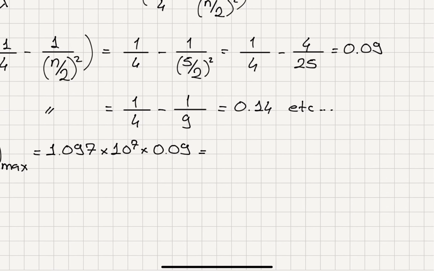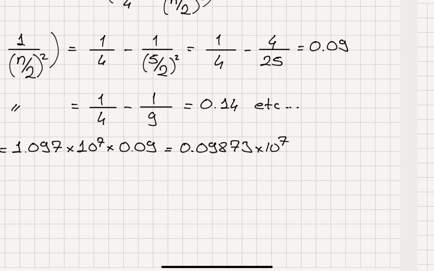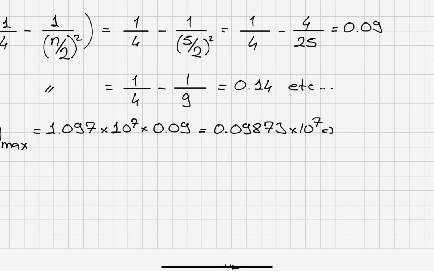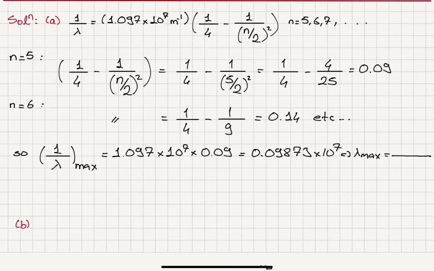This turns out to be 0.09873 times 10^7. And that gives us, for lambda maximum, 1 over this value, so 1 over 0.09873 × 10^7.